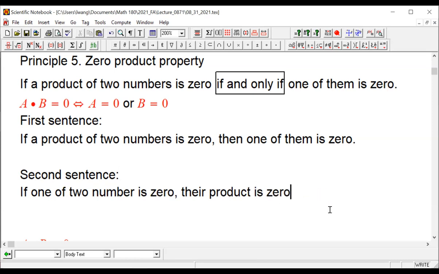Okay, I want you guys to write down these sentences to see, if you don't look at mathematical symbols, does that make sense to you? Do you agree with it?